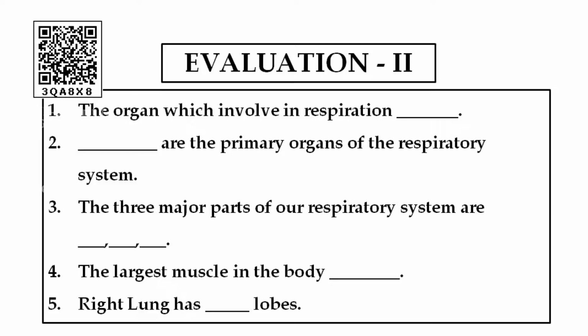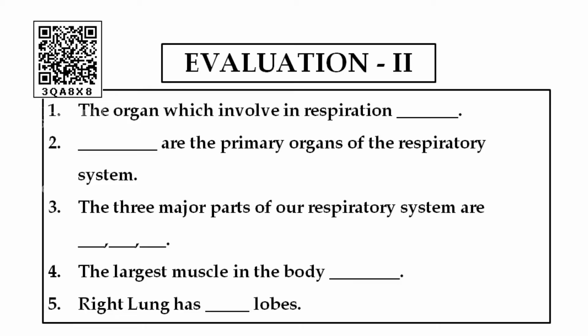The three major parts of our respiratory system are, yes, what is this, children? Yes, you are right. Airway, lungs and muscles of the respiratory system. And in the muscles of the respiratory system, we have the diaphragm and intercostal muscles.